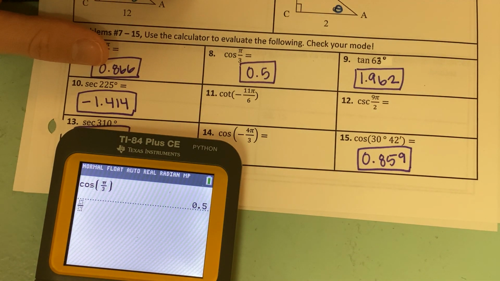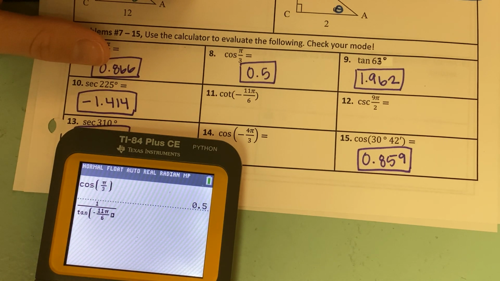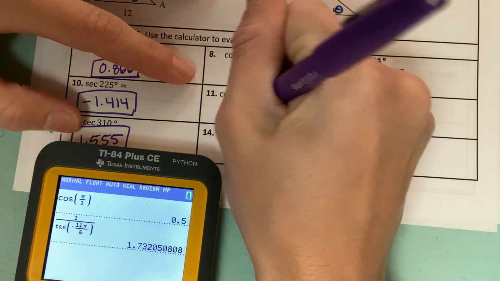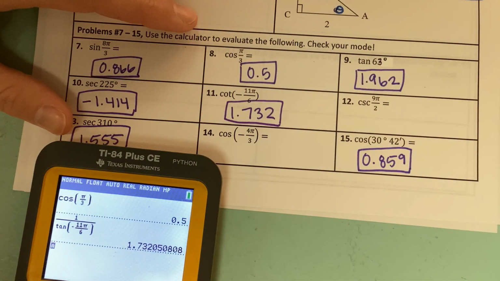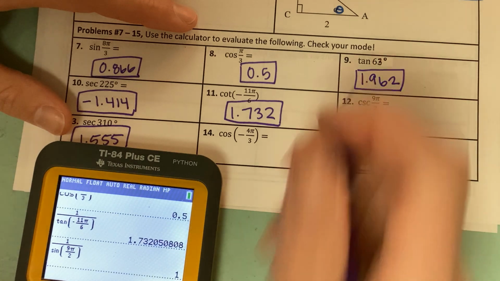Cotangent, which is going to be 1 over tangent, negative 11 pi over 6. 0.732. Cosecant, which is 1 over sine, 9 pi over 2, which is 1.